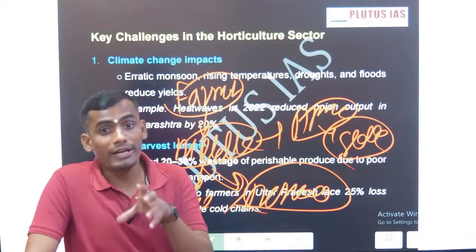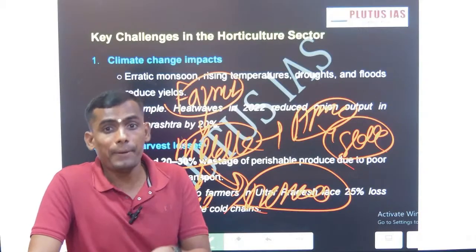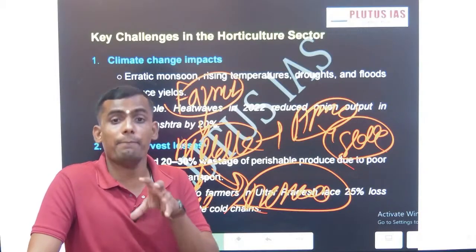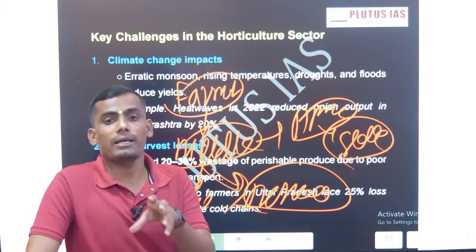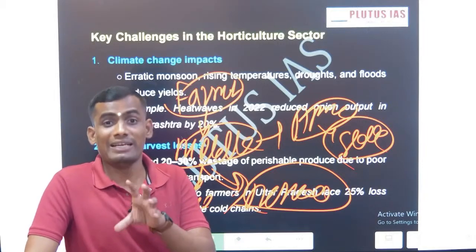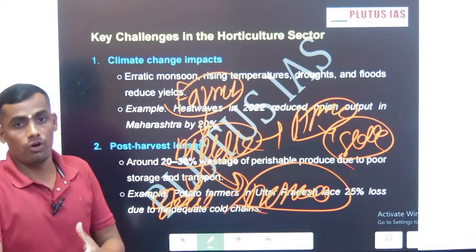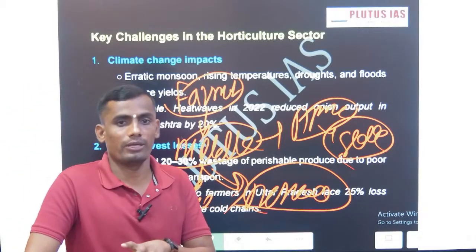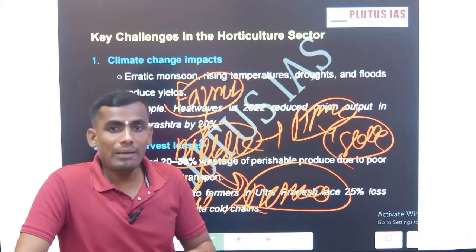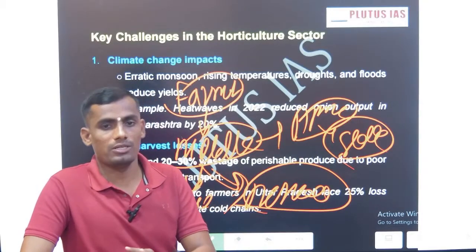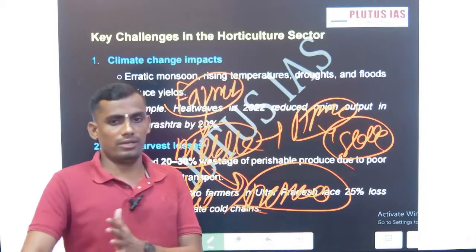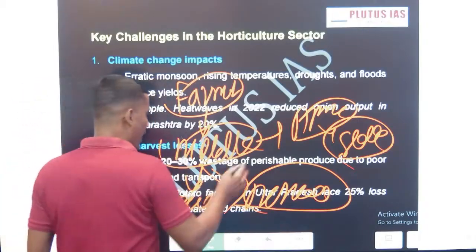Also, there was criticism of government agencies, APEDA, FCI, MPEDA, the Marine Products Export Development Authority, that they are taking extra budget borrowing, off-budget borrowing. This is the issue. So the middleman is getting the benefit, but not the farmers, and this is profit siphoning, siphoning of the farmers' benefit.